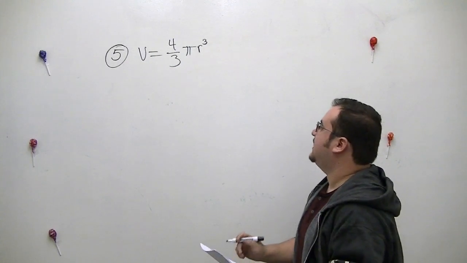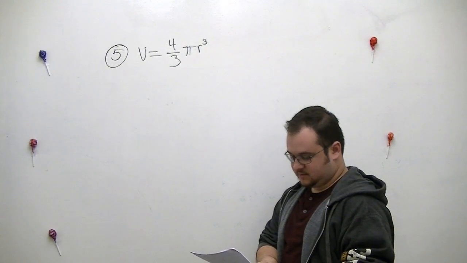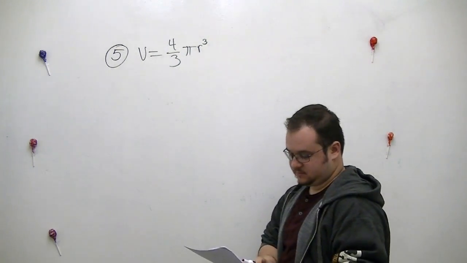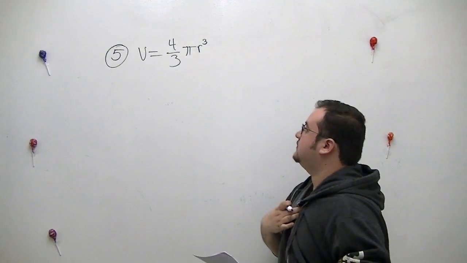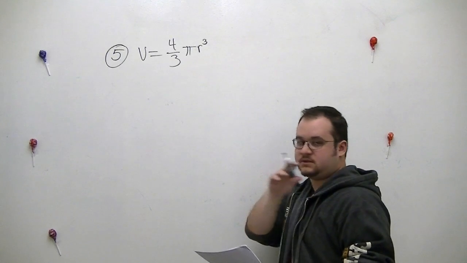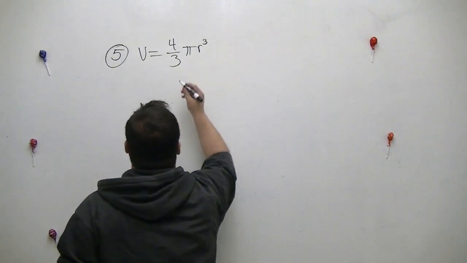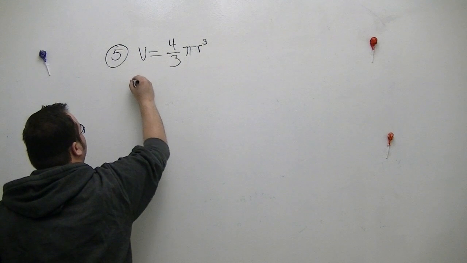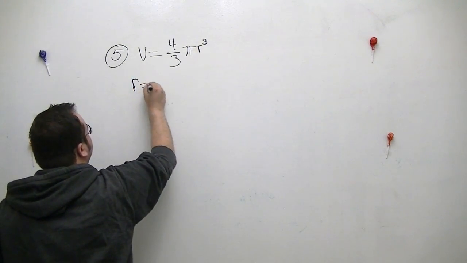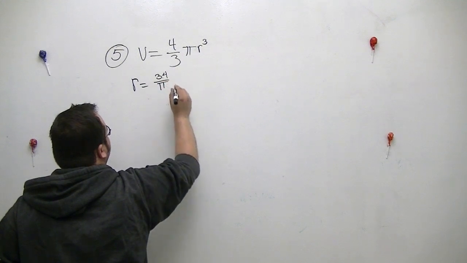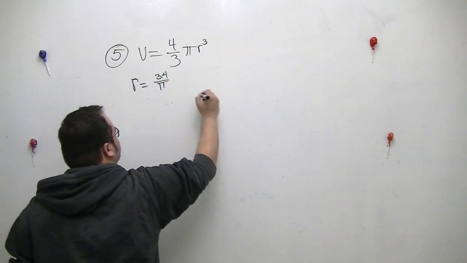Okay, so for step 5, we had to make another table using the volume of a sphere to find the volume at each 30-second interval. As an example of what you're supposed to do, we're going to use our final r value, r equals 3.4 divided by pi, and simply plug that into the equation.